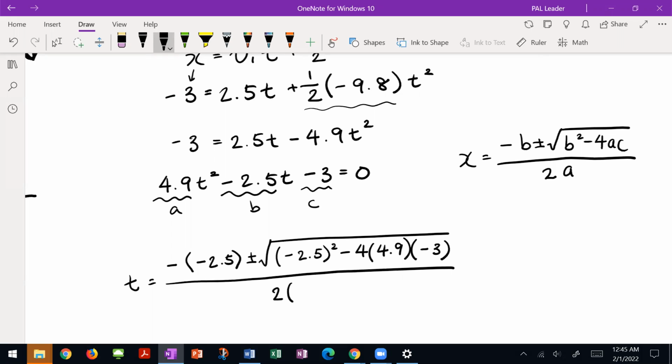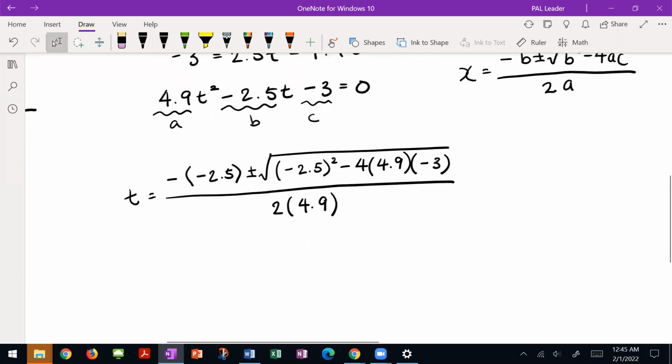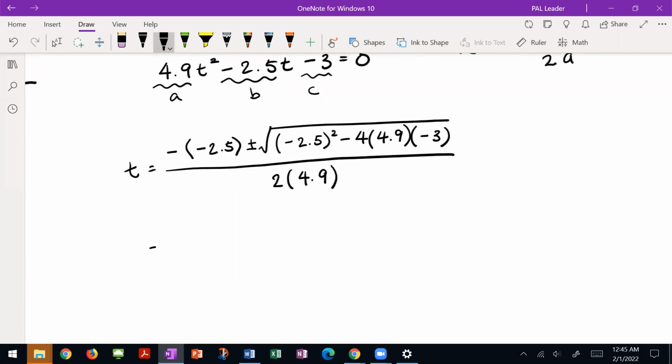A was 4.9. If you plug that into your calculator, you should get 1.078.